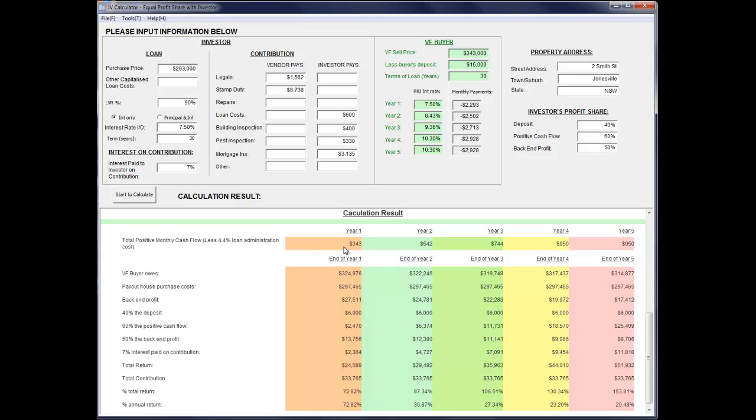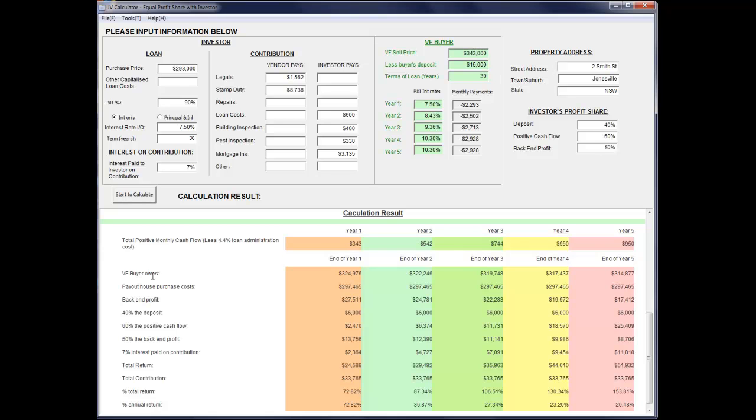The total positive cash flow in year 1 is $343, in year 2 $542 per month, in year 3 $744 per month, in year 4 $950 per month, and because the interest rate stays consistent, in year 5 $950 a month once again.